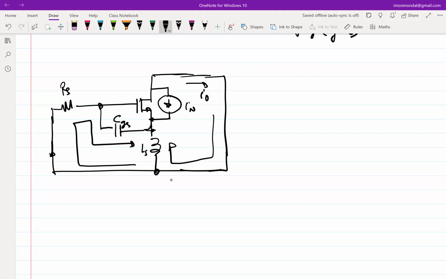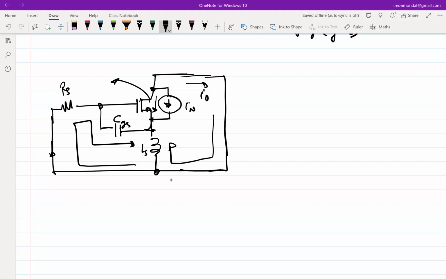So if this is how I am going about analyzing this, then what is the current through the GM? If I look at it at this node, so the I naught is flowing out and IN is flowing up towards that side, right?